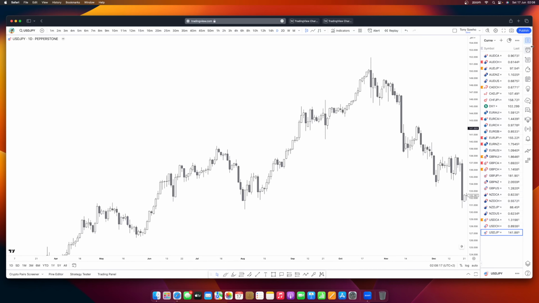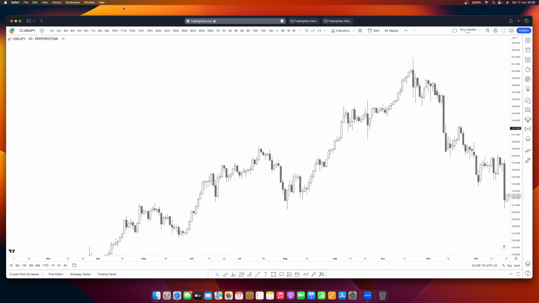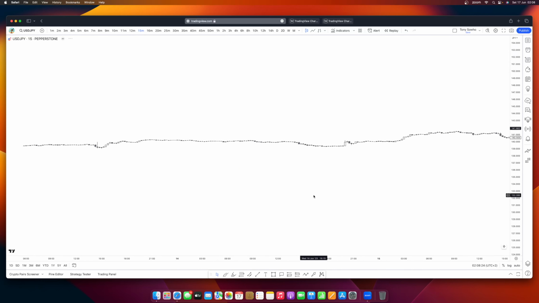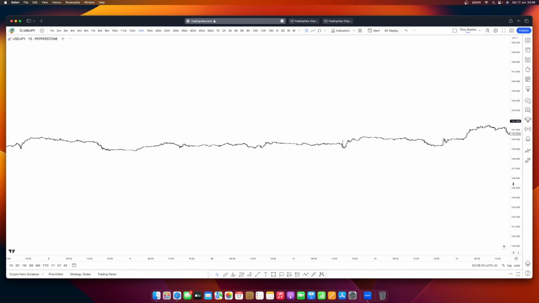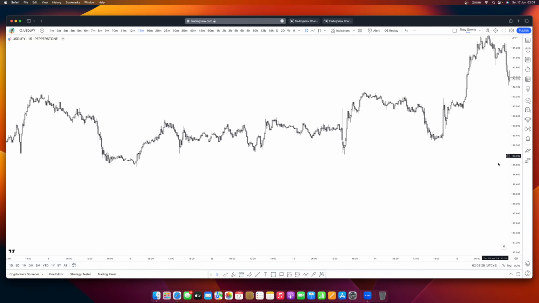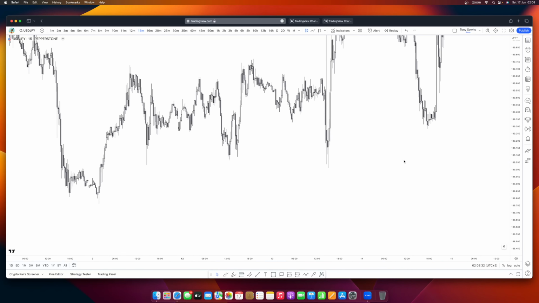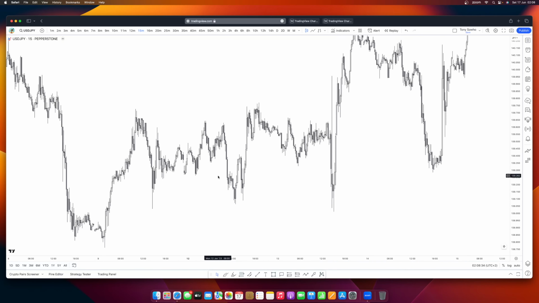Okay, USD JPY, and instead of the daily time frame now, let's go to the 15 minutes. Let me show you an example of what a consolidation market looks like. Sideways, right? The market is just ranging. So this is one good example here. We're going to call this our resistance.